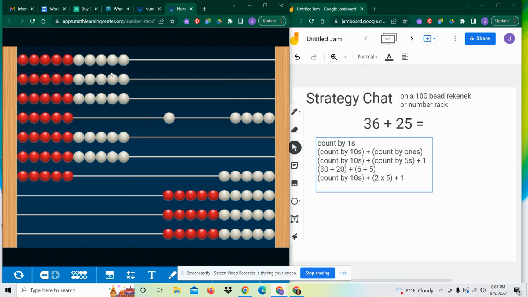At that point, I had a student say, I see 12 times 5 plus 1. I said, oh, how do you see that? So they moved the beads. And I said, here's 12 fives. 1, 2, 3, 4, 5, 6, 7, 8, 9, 10, 11, 12. 12 groups of 5 is 12 times 5.